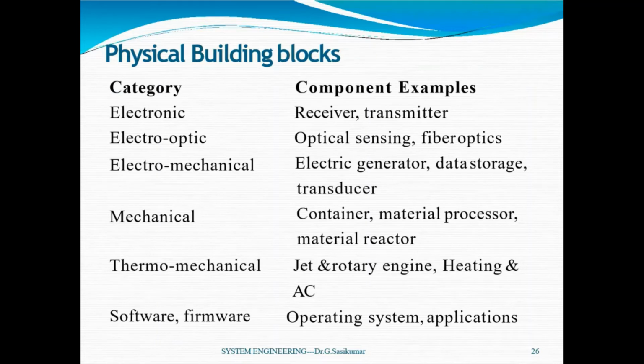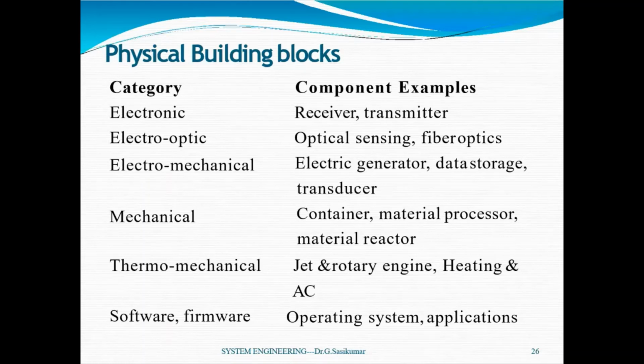You can see a physical world example, physical building blocks. And we know the example receiver transmitter. It is for electronics, and optical sensing, fiber optic cable, which is used for high speed internet, electro optic, and electric generated data storage transducer, which is used in electromechanical.